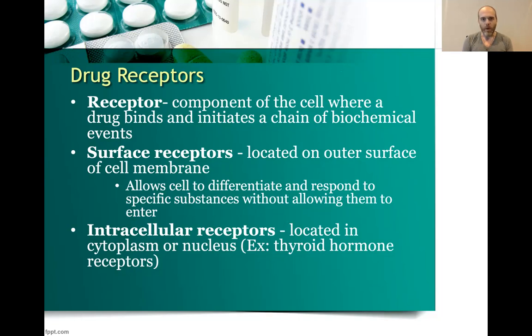Many of them are surface receptors on the outer surface of the cell membrane, but some of them are intracellular receptors, located inside the cells. So some medications bind to surface receptors, others are taken inside the cells, where they bind to intracellular receptors.